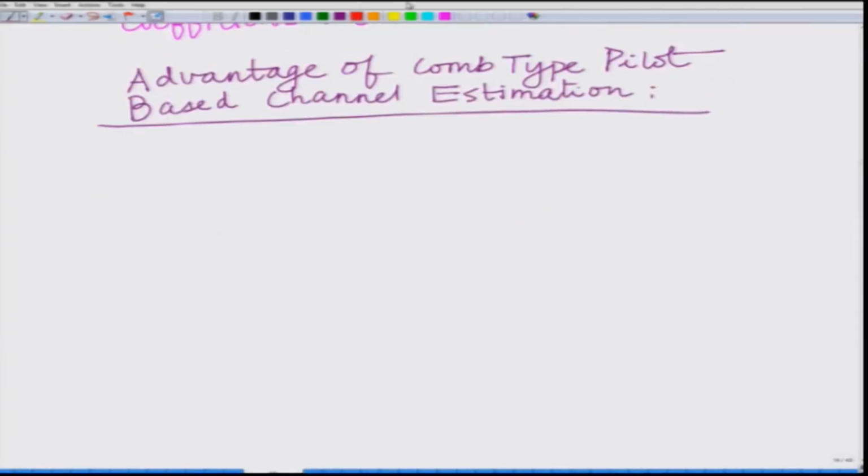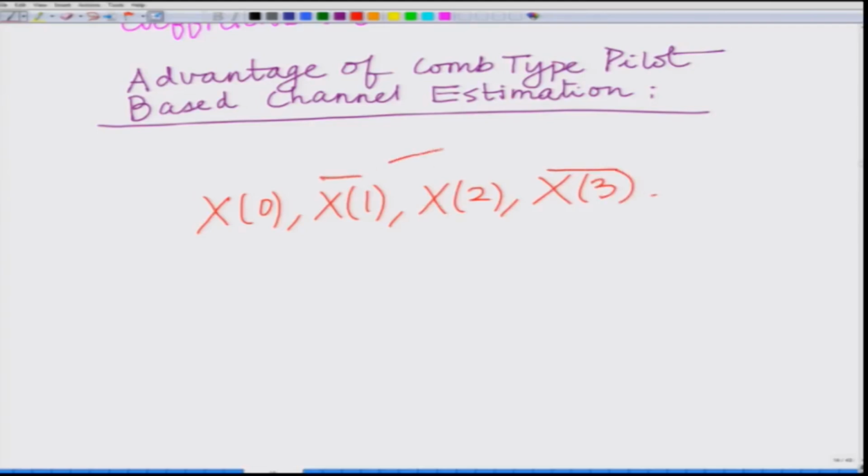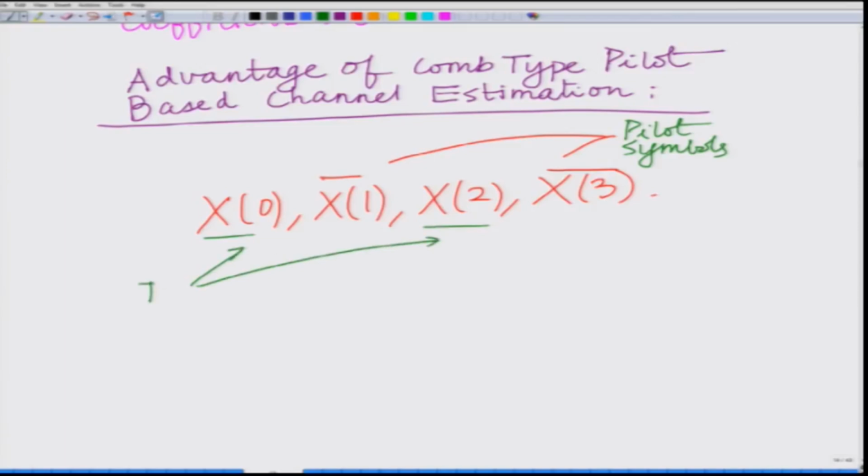And that is something that we have already seen. Just to repeat it one last time, I have x0, x1, x2, x3. x0, x1 and x3 are your pilots, or your pilot symbols. x0, x2 are your information symbols.